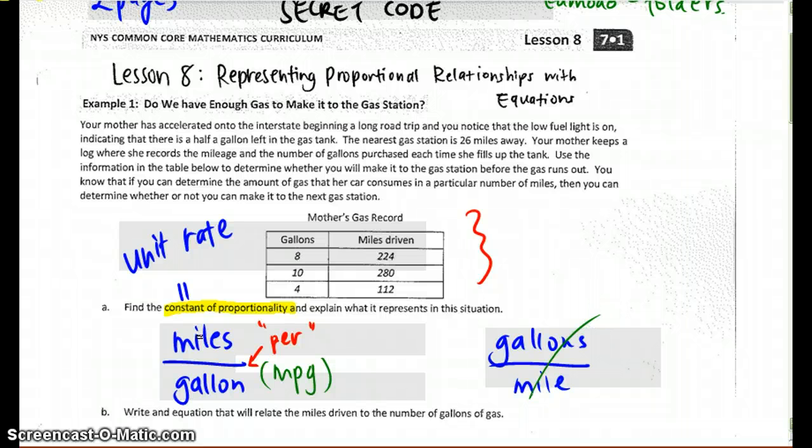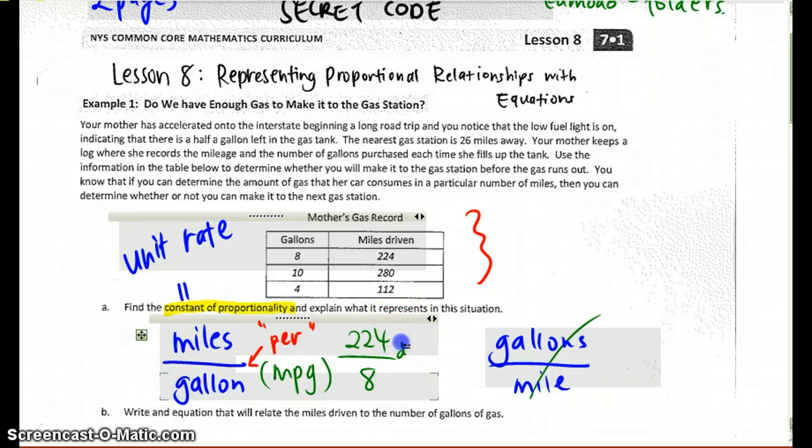That fraction that we set up will help us to determine how we should end up dividing our numbers, since fractions mean division. So I have that 8 gallons helped me travel 224 miles, so 224 over 8 is going to be the first fraction.